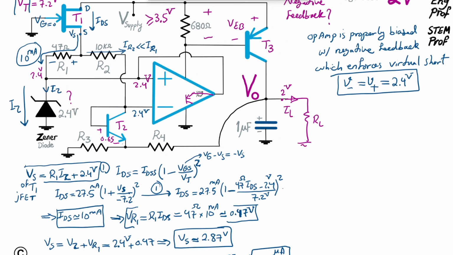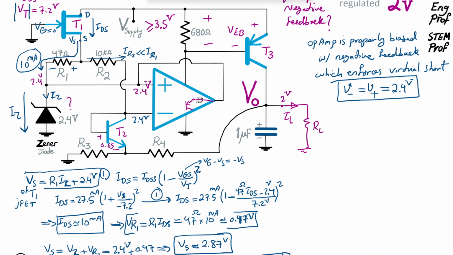So that's why we are saying there is 10 milliamp going this way, while considerably less current than that, on the order of say 200 times less, IR2 turns out to be just 47 microamp. So this current is much smaller than IR1. IR1 is 10 milliamp as we found. IR2 is 47 microamp. So it was a correct assumption we made with the size of 10K compared to 47 ohm.